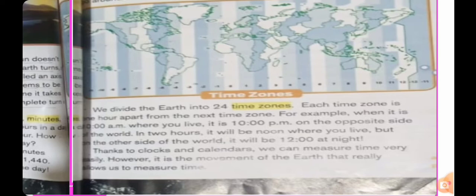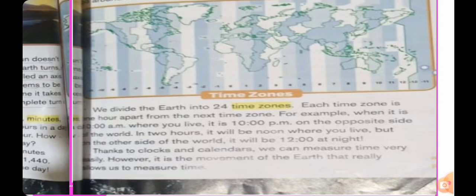Each time zone is 1 hour apart from the next time zone. It means if you call a person living in the next time zone, and you are having 10 o'clock, that person will be having 11 o'clock, because each time zone has a difference of 1 hour.